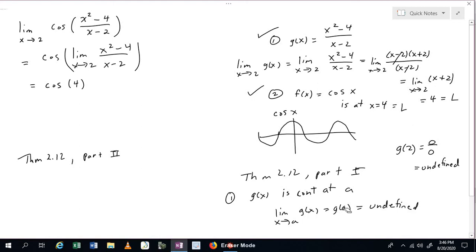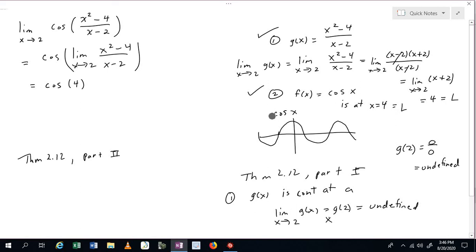Here a is 2. So there's no way these could be equal. This has to be some number, and it has to equal this limit, and g of 2 is not even a number. So you couldn't appeal to the first part of Theorem 2.12.